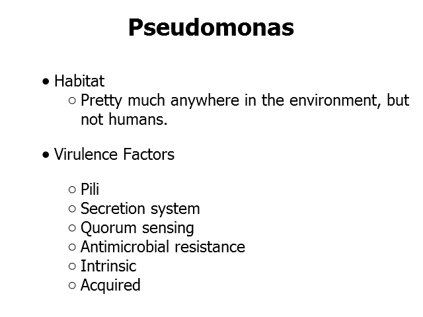It also produces a number of quorum sensing molecules, which are really fascinating. These are molecules produced by bacteria that signal to other bacteria around them, allowing for communication and coordination.